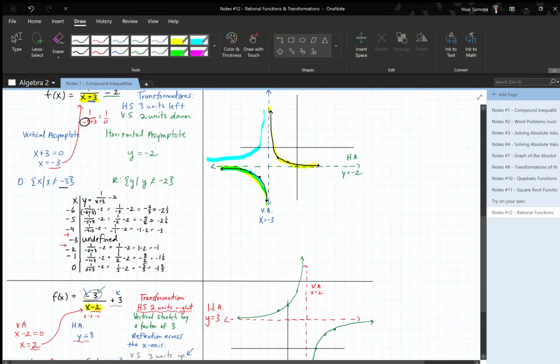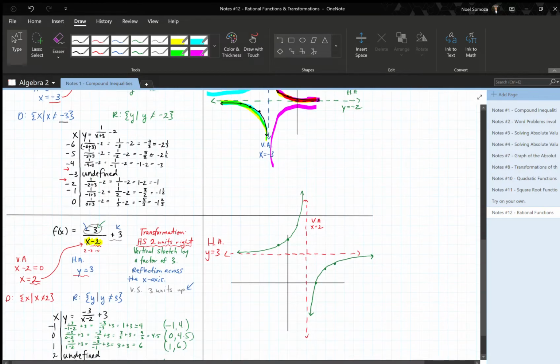And the same thing for this one that was up here, it now gets reflected, so now it looks something like this. That's basically what we have in the example below. So that's what the reflection across the x-axis will do. It will flip-flop the two curves from where they were before.